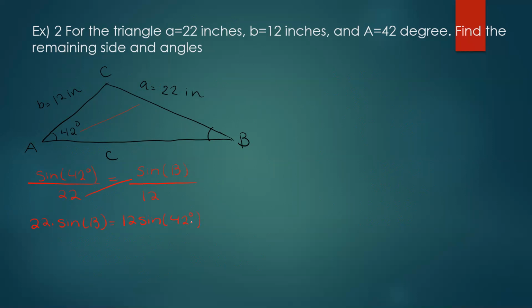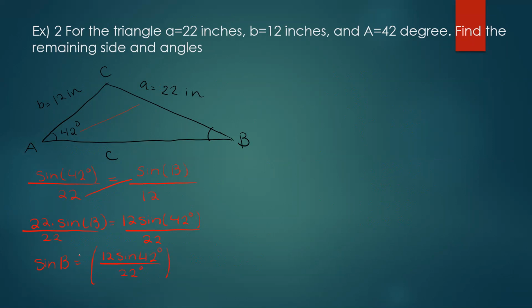And I want to solve for angle B. So first I have to get rid of this 22, so I'm going to divide both sides by 22. Now I have sine of B equals 12 times sine of 42 over 22.